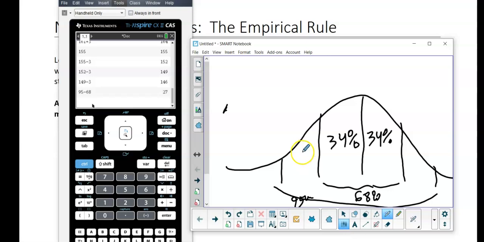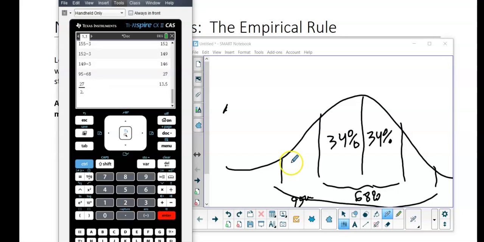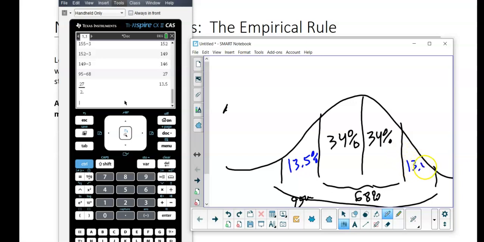So we do 27 divided by 2, it's 13.5. So there's 13.5% over here and 13.5% over here.